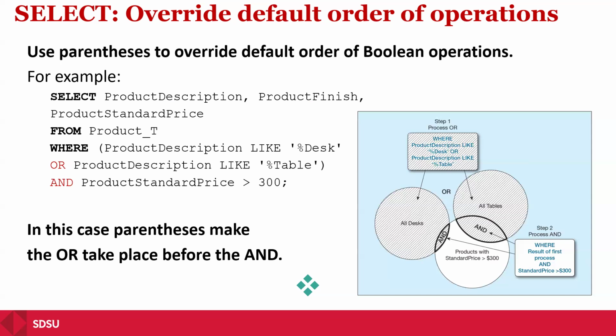In addition to that, we are also going to add all the products whose price is greater than 300, regardless of their name. The product description for those that are greater than 300 can be chair, can be lamp, can be anything you want. But we will also add all those data records that have a price greater than 300 to the result set.